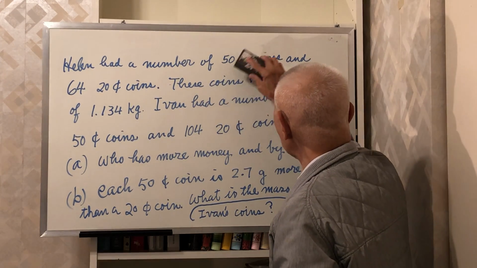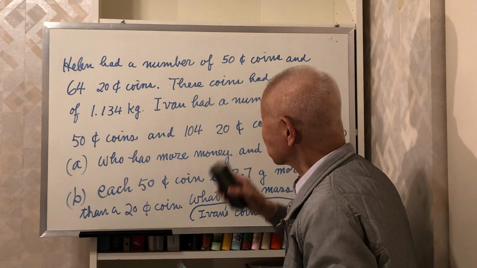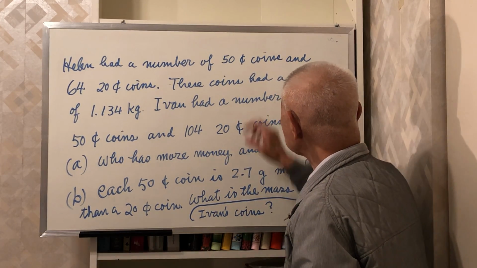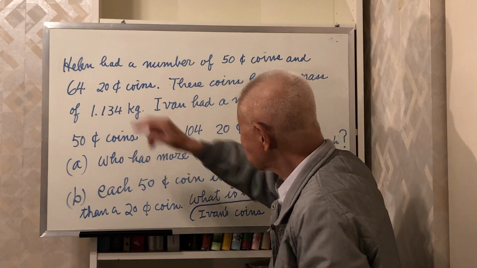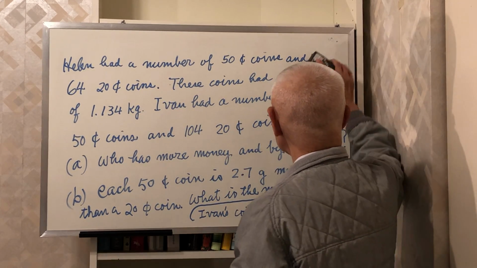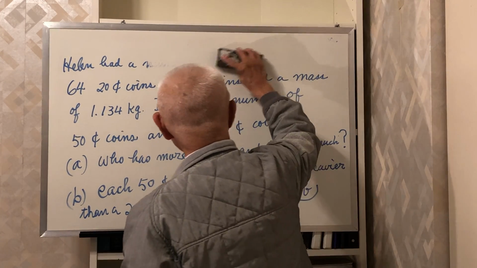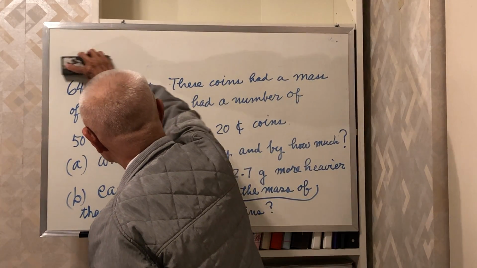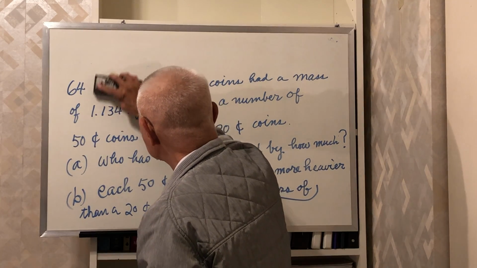And here I want to erase these two lines. Each one of them had 50-cent coins and 20-cent coins. Okay, so let me erase this. And I leave the 64 there.